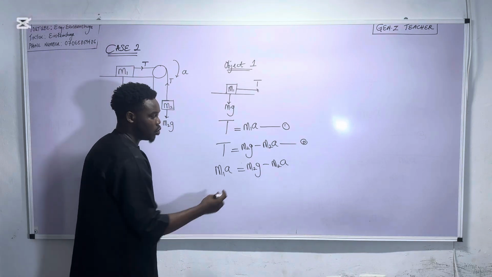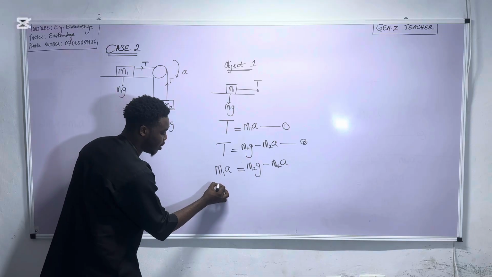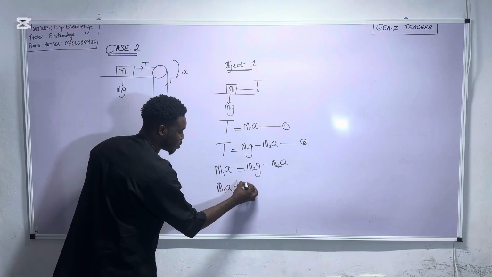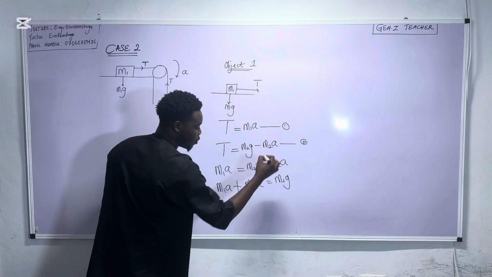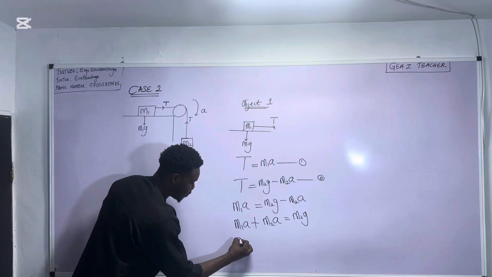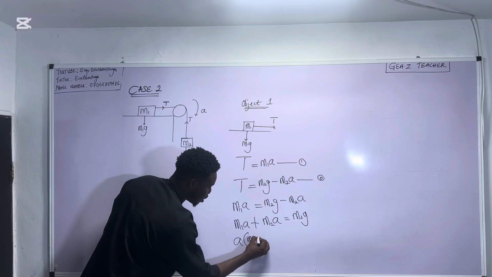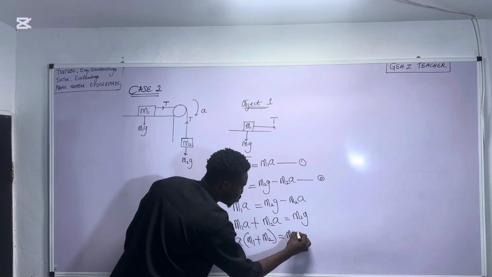We need A, so the terms that have A should come to one side: M1A plus M2A equals M2G. A is common, so I bring out one A and open a bracket. We're going to have M1 plus M2, close the bracket, equals M2G.